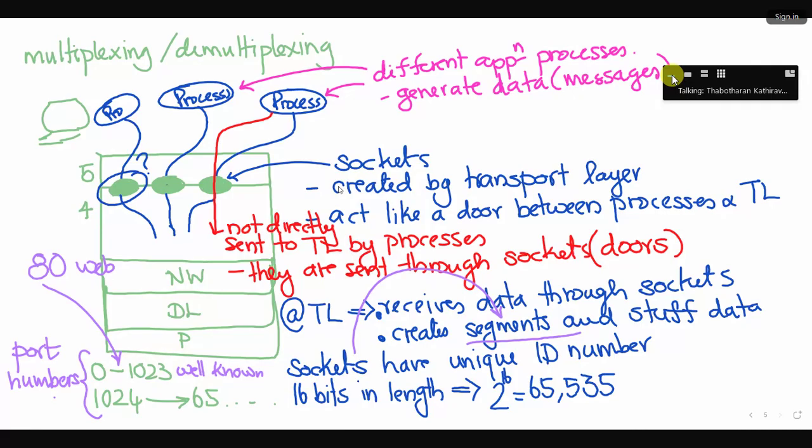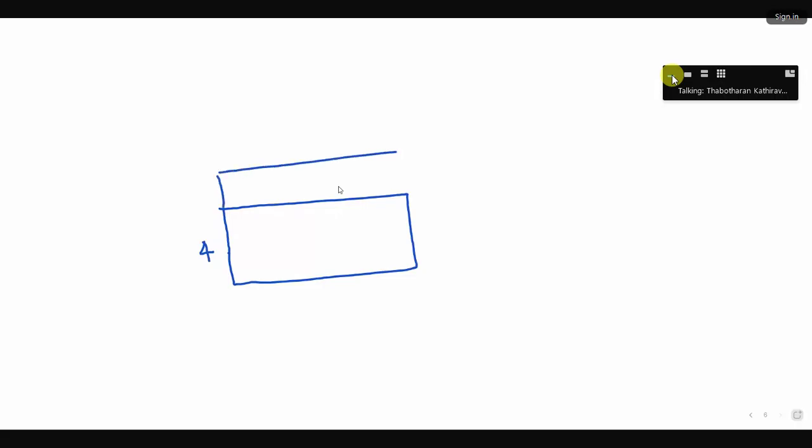And then when it arrives at the receiving host, layer number 4 is there, layer number 5 is there, and layer 5 will have multiple processes running.